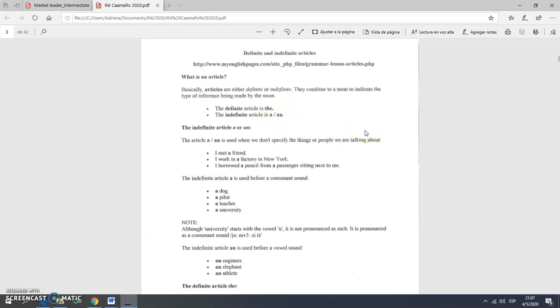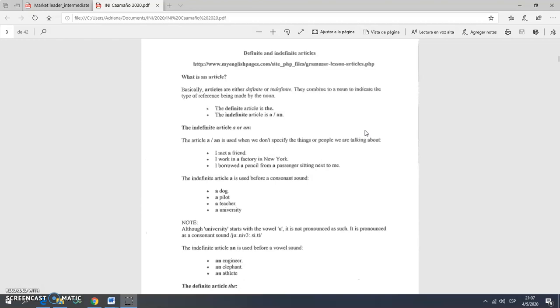Well, it has to do with the sound that you find at the beginning of the following word. Be careful, I'm saying sound, and I'm not talking about spelling, because we tend to say that whenever you have a vowel at the beginning, you use an, an apple, for example. That is when you have A, E, I, O, or U.